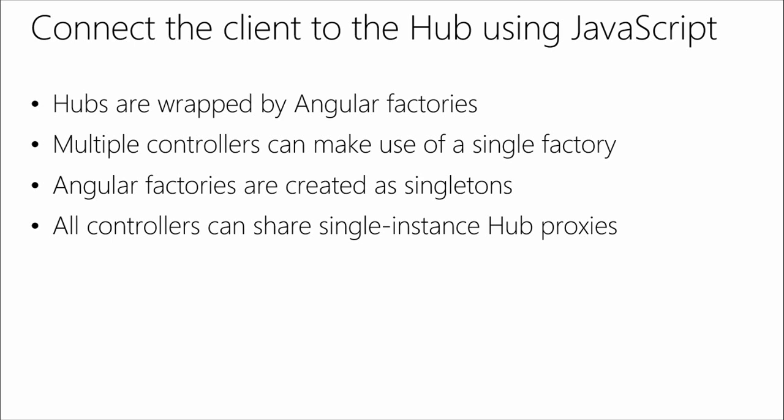As that blog post points out, if you use the root scope object, you can set up your SignalR hubs inside of these factories, and they get loaded up as singletons so that all your controllers can make use of them.